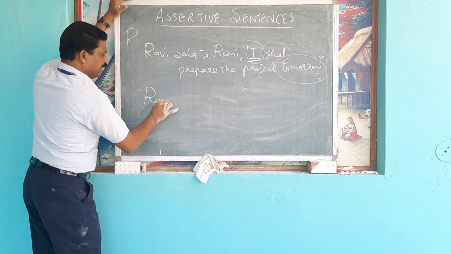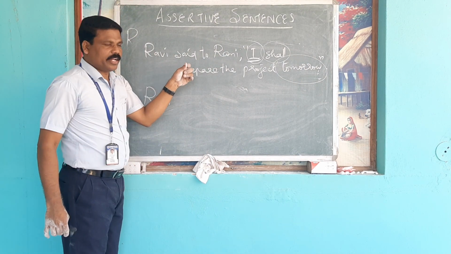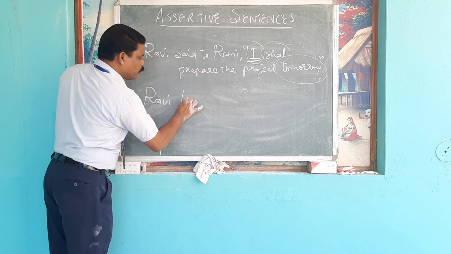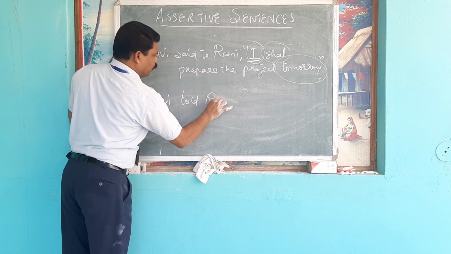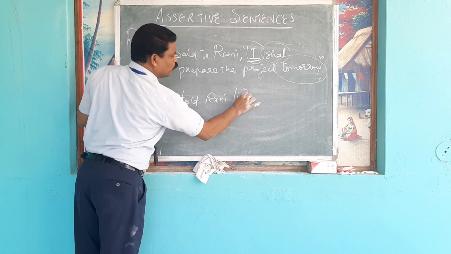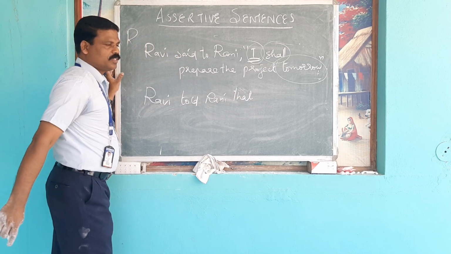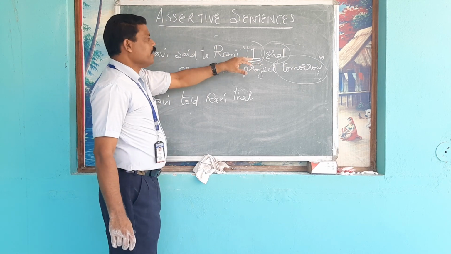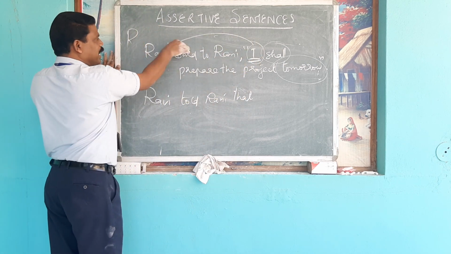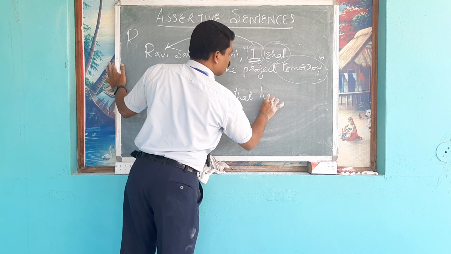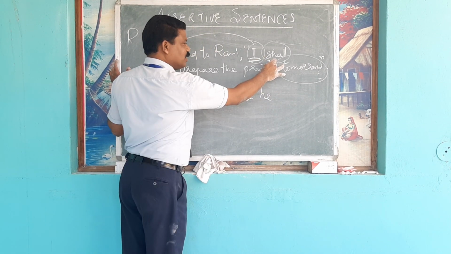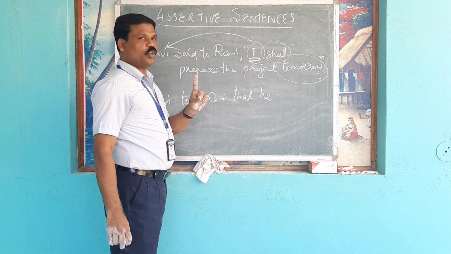Then Ravi. Here you can see the listener also. So said will be changed into told. Told whom? Told Rani, and you add that. I will change into he or she. Here the speaker is Ravi, so he. Shall will change into would or should.